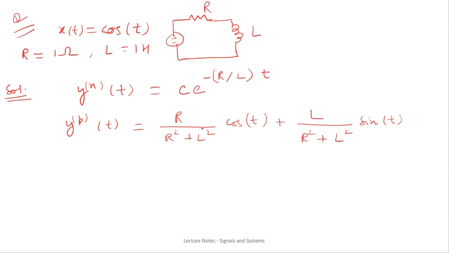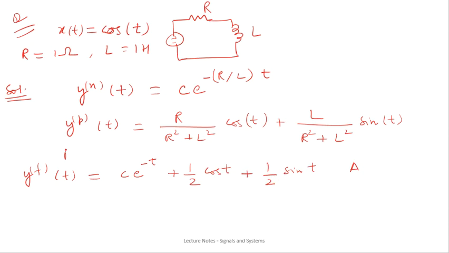Now we can substitute R equals 1 ohm and L equals 1 Henry as given in the problem. So the forced response will become C e raised to the power minus t plus half cos t plus half sin t ampere.